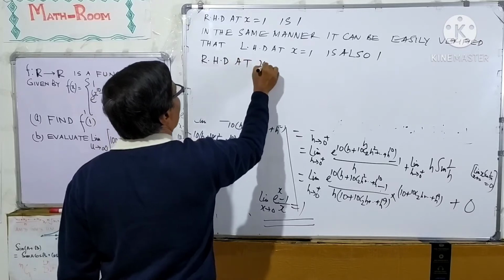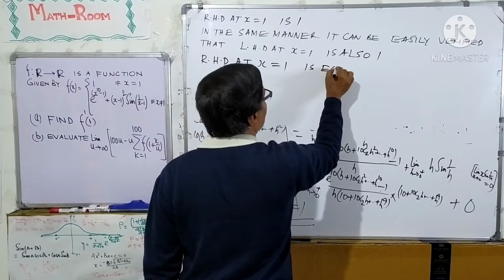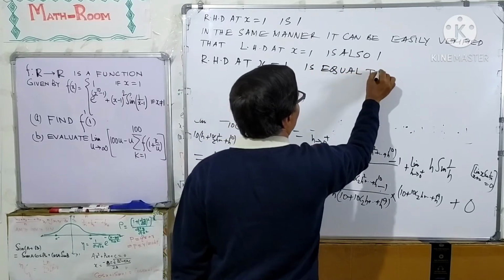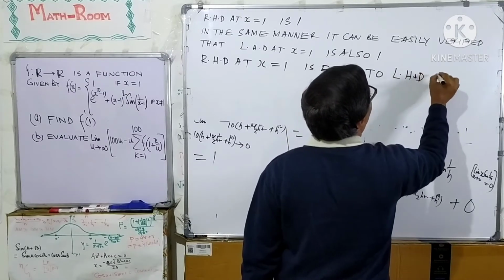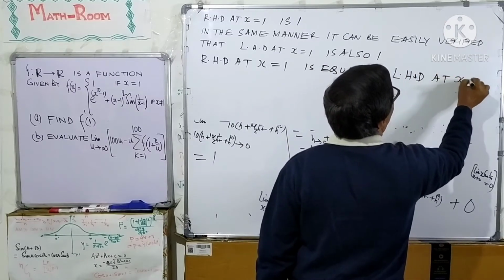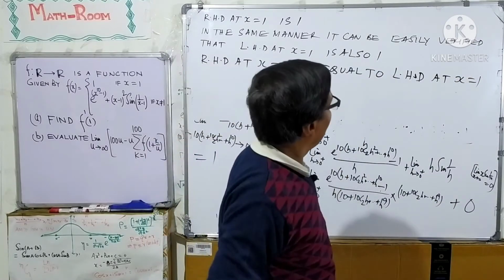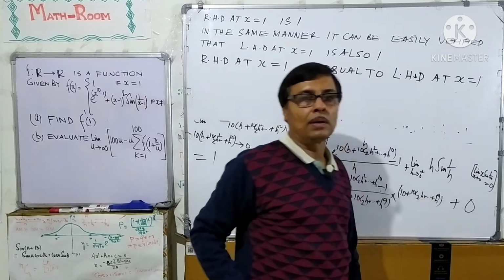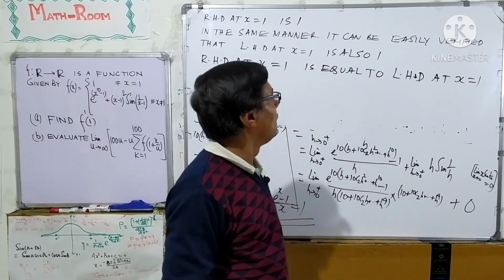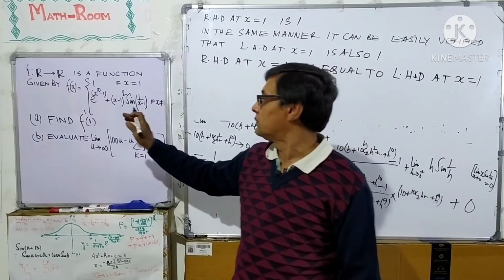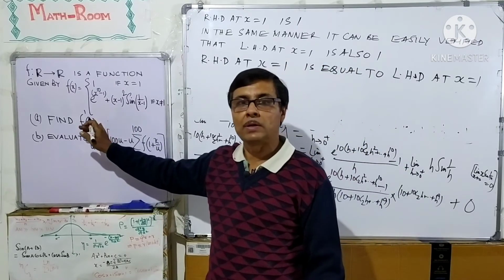So, the right hand derivative at x equal to 1 is equal to the left hand derivative at x equal to 1. The right hand derivative and left hand derivative at x equal to 1 are the same, the value is 1. So, we have verified the existence of the derivative at x equal to 1 of the function f(x).